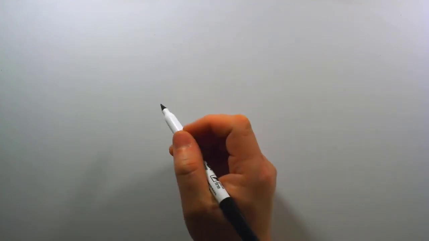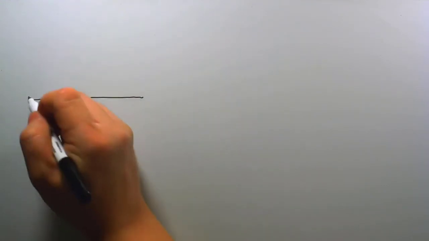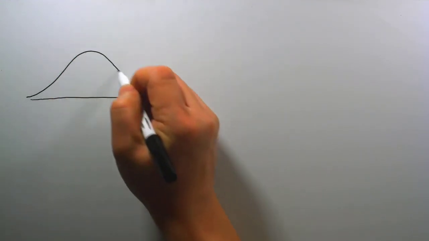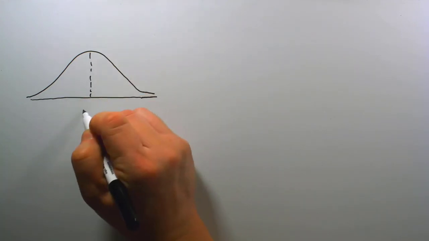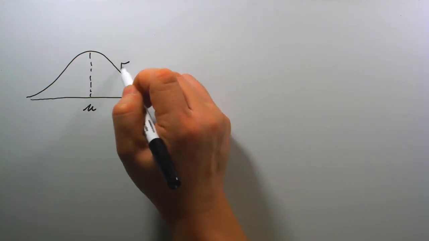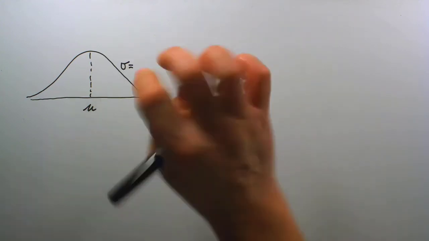And so now we are ready for a final generalization here. Now let's start out with any general normal distribution bell curve with mean at mu and some sigma value.